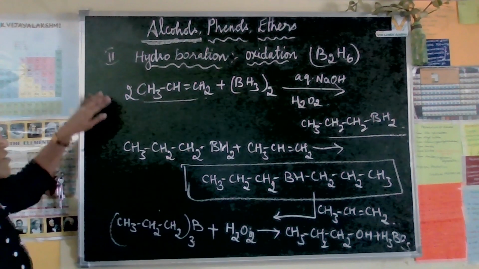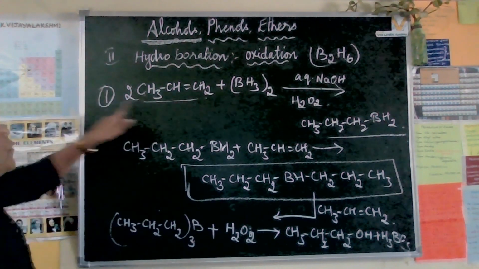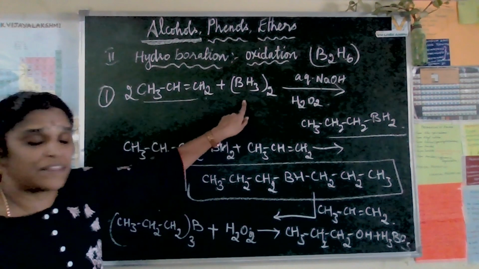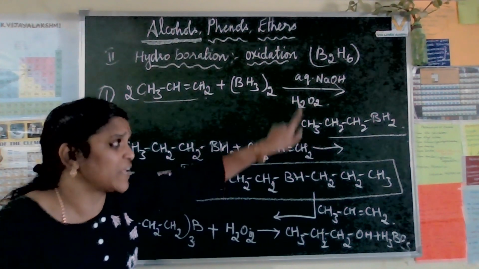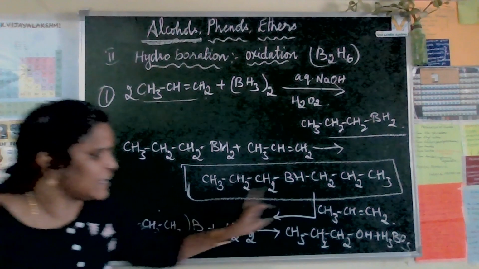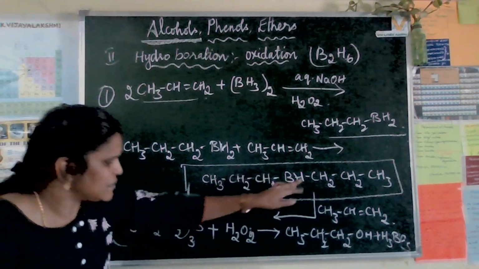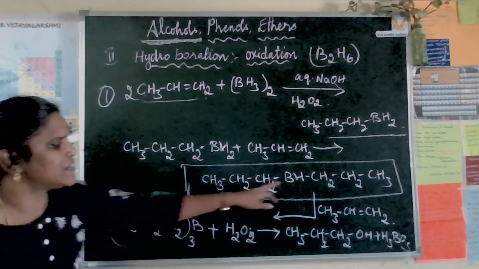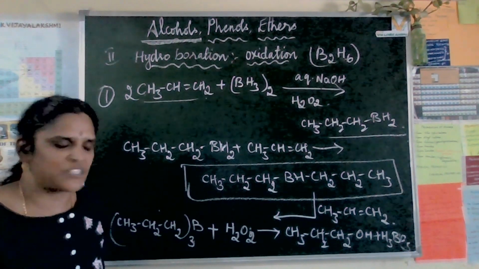Hope you're clear. So this is the first step: two molecules of alkene combine with diborane and you get this product. This product again reacts with the excess of alkene, two times, until it has to remove that hydrogen. Primary, secondary, tertiary, like that.